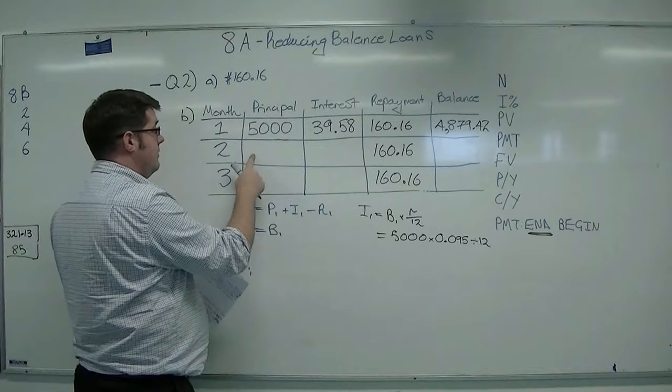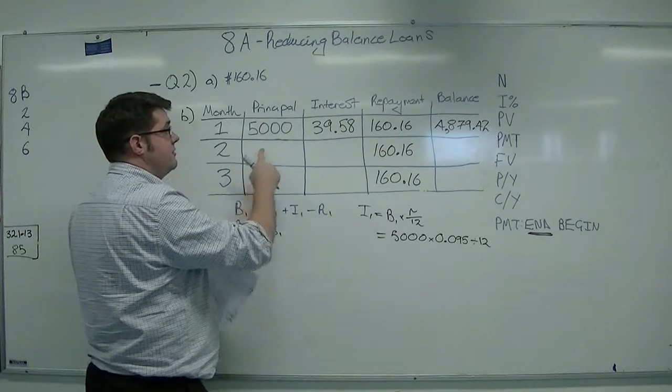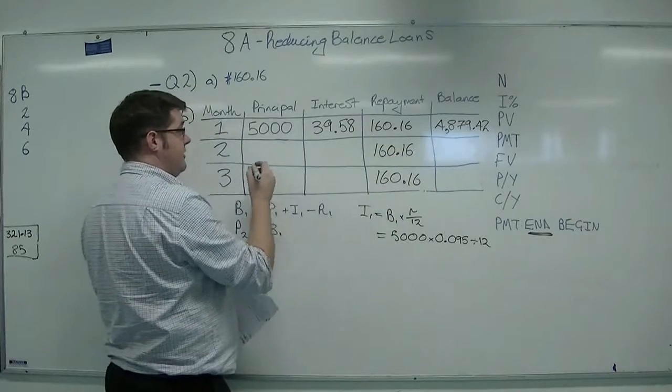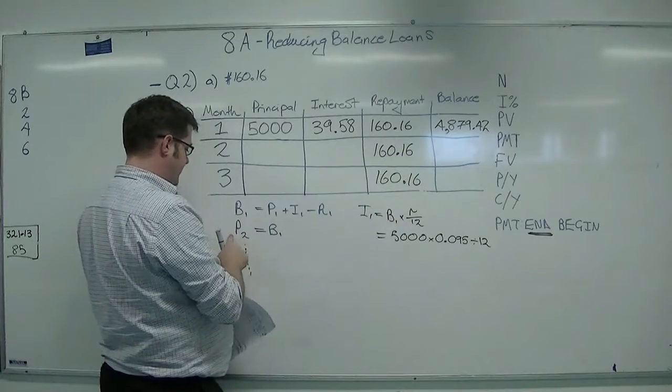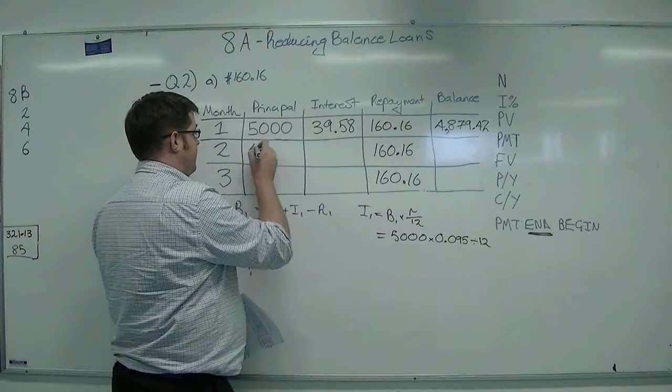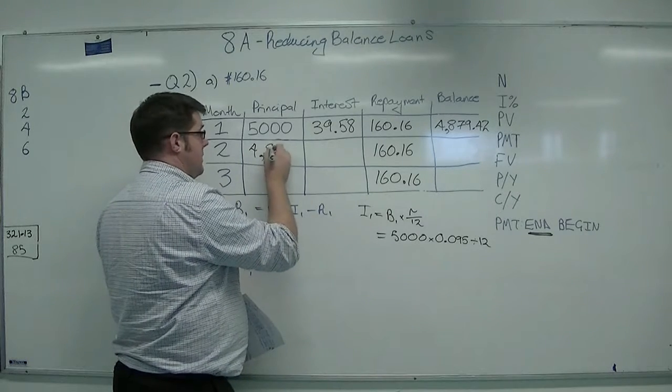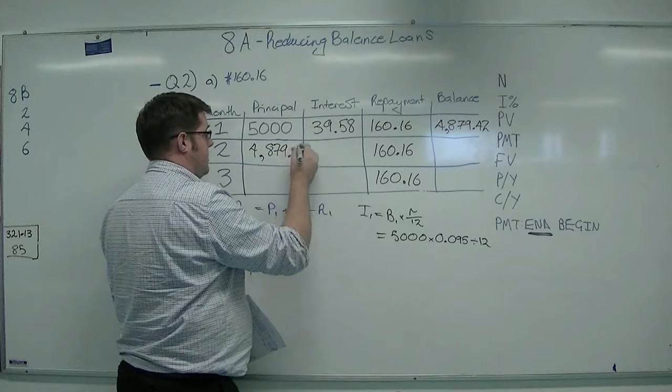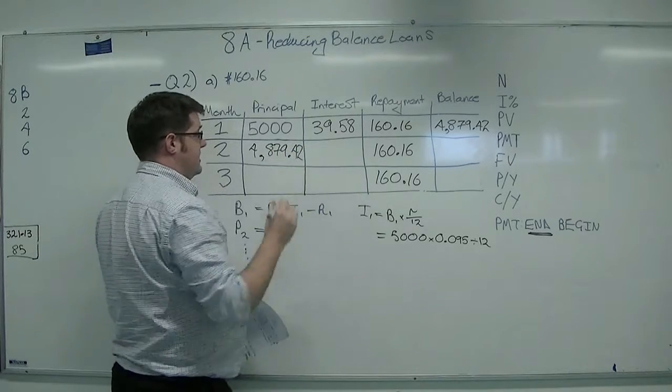Now we know that the principal amount at the start of the month is equal to the balance at the end of the previous month. So the principal at the second month is the balance at the first. So we say $4,879.42.